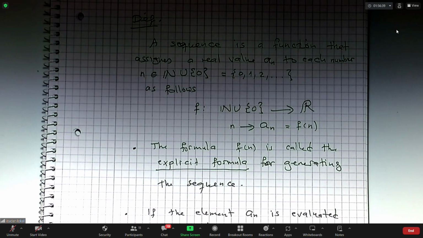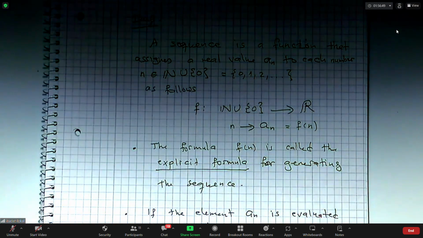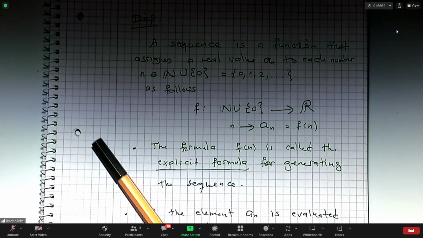So a recursive formula generates the elements of a given sequence using the previous ones. A very classical example for that is the so-called Fibonacci sequence. I think that some of you might have heard about it.